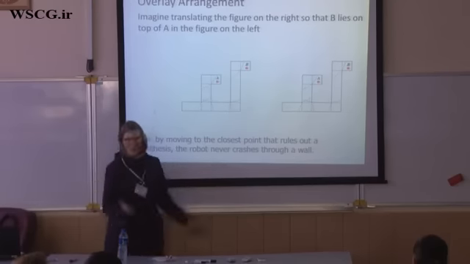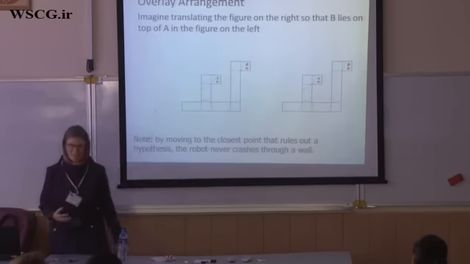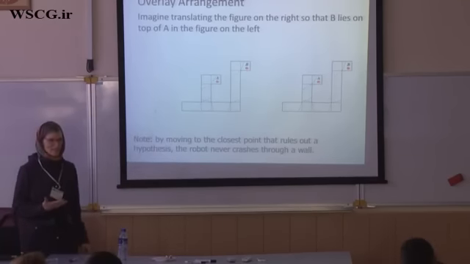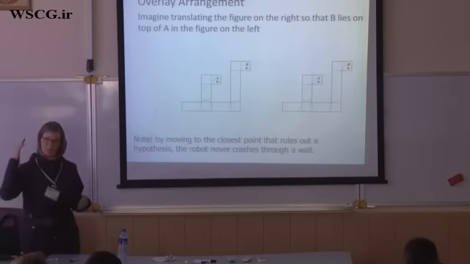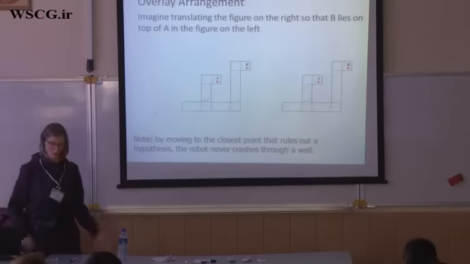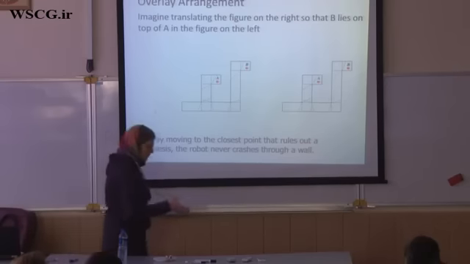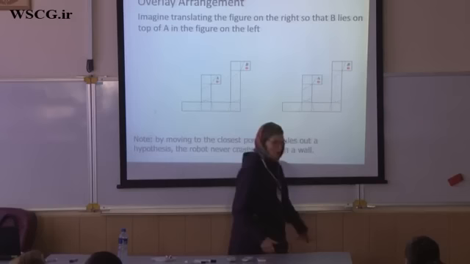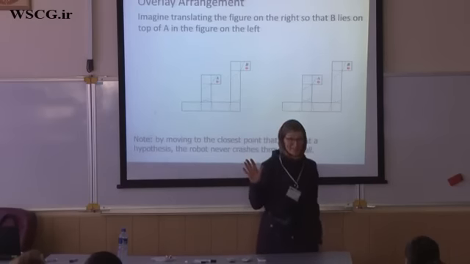Now, interesting, we don't want to bang our noses, right? So I claim this strategy is going to be safe in the sense that we're never going to direct the robot into a wall. Why is that? Well, let's say a robot smashed into the wall. That would be new information, wouldn't it?